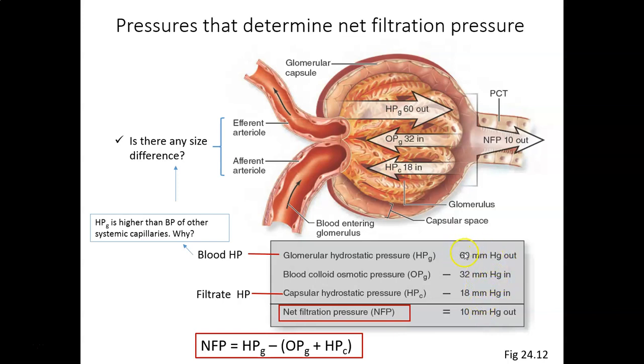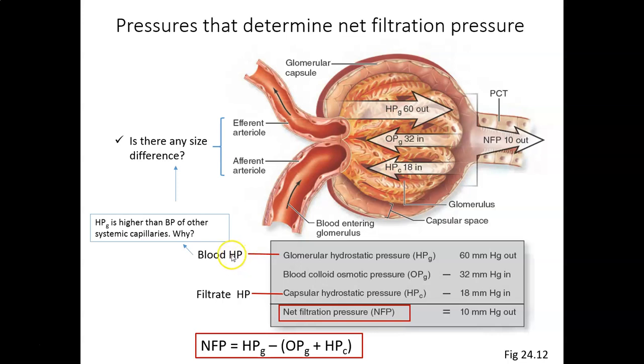Usually the blood pressure here is around 60 millimeters Hg, pushing the fluid out. And those two keeping the fluid in, together, are smaller than the HPG, so you end up with a positive NFP.